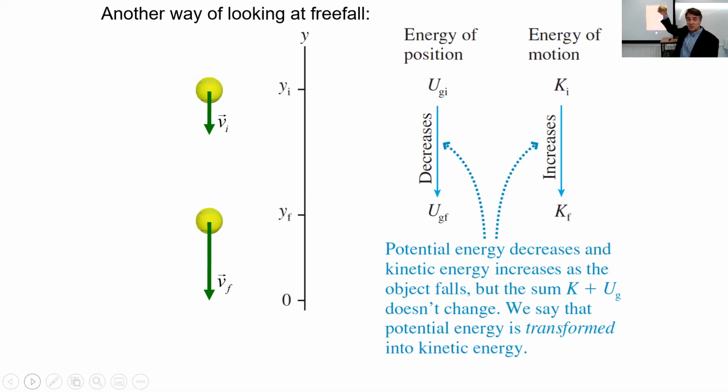It has some large mgh, large gravitational potential energy. If it goes down here, it's going to have less gravitational potential energy. So by conservation of energy, it's going to convert that energy into kinetic, 1/2 mv squared. All that's happening is that energy is being transformed from one form to another.